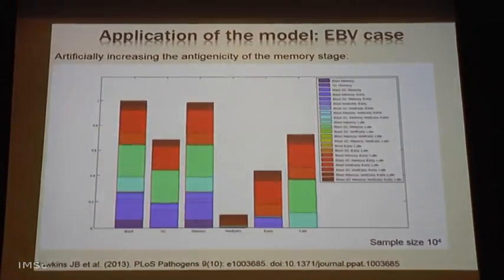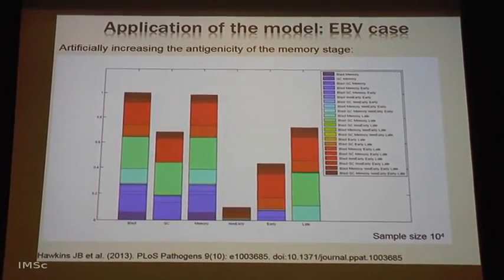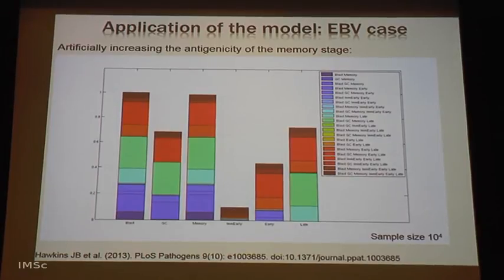As I was telling you before, people have thought that it is just this invisible memory stage that allows for persistent infection, and so what we are claiming here is that that is not necessary. I mean, it might be sufficient, but it's certainly not necessary, because you can artificially increase the antigenicity of the memory stage.